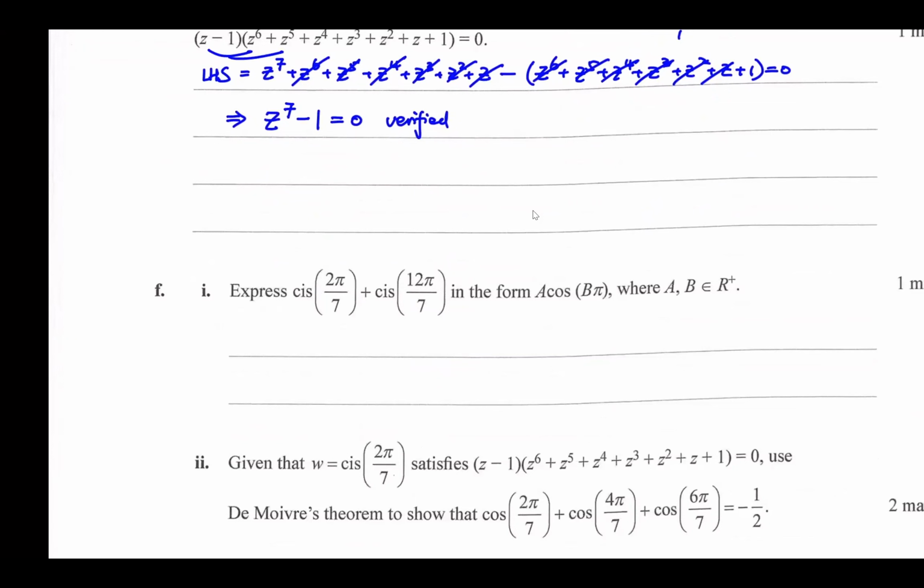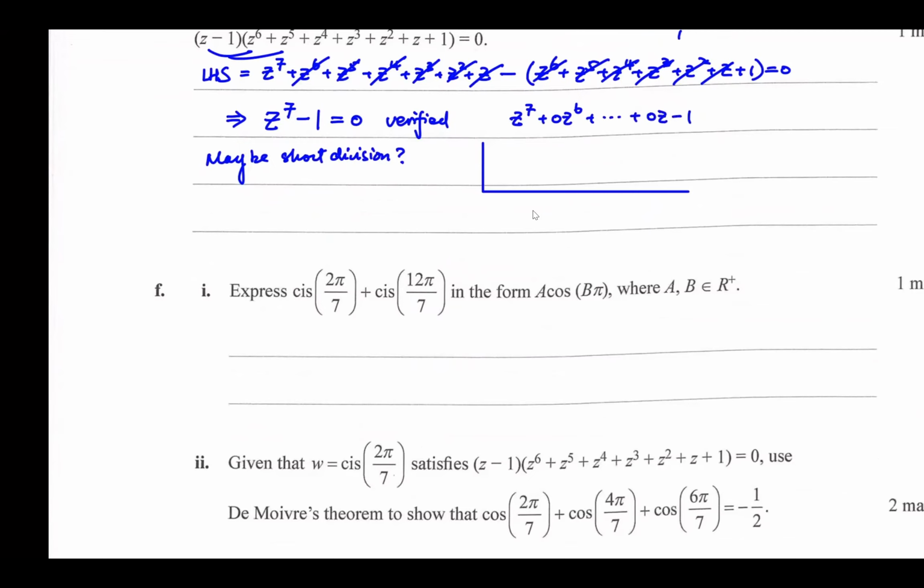But for some of you, you may want to use short division. So z to the power of 7 is actually z to the power 7 plus 0 z^6 plus 0 z^5 plus and so on, minus 1.